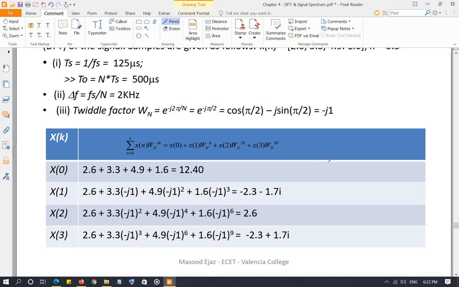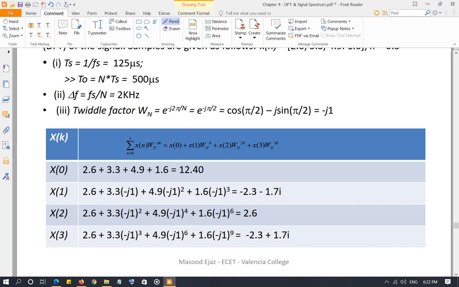I put the expansion of that as well. n goes from 0 to 3, with the twiddle factor to the power nk. So for x of 0, n will be 0, and anything to the power 0 is 1. The second one, n is equal to 1, so twiddle factor to the power k. For the third one, n is equal to 2, twiddle factor power 2k, and for x of 3, n is 3, so twiddle factor to the power 3k.